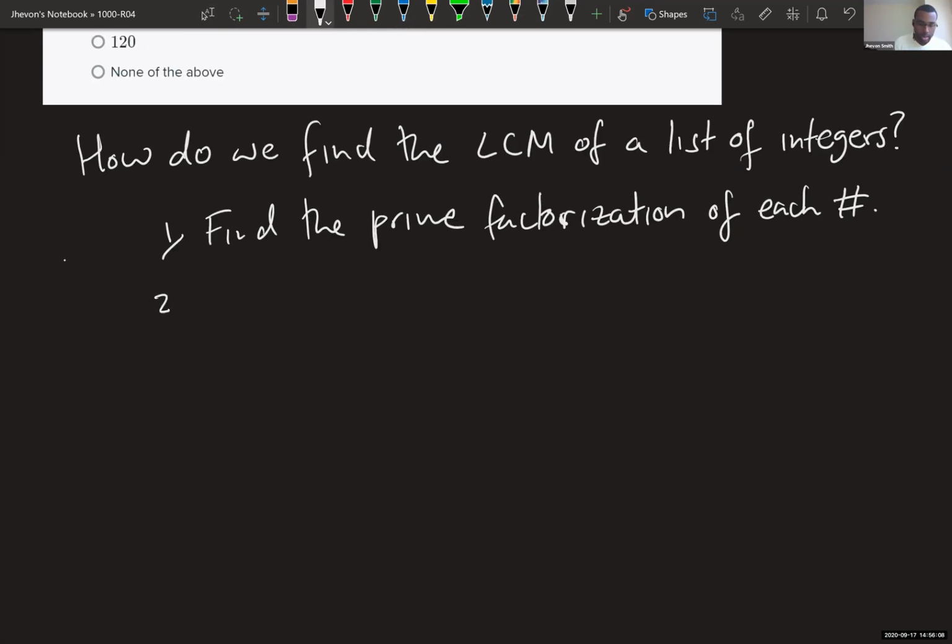Once you do that, what's the next thing? So I find the prime factorization of all the numbers, then what? What do we do after that?